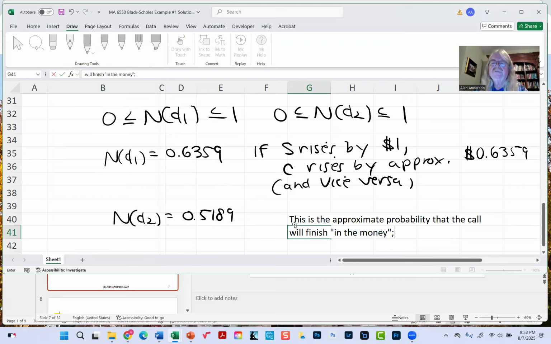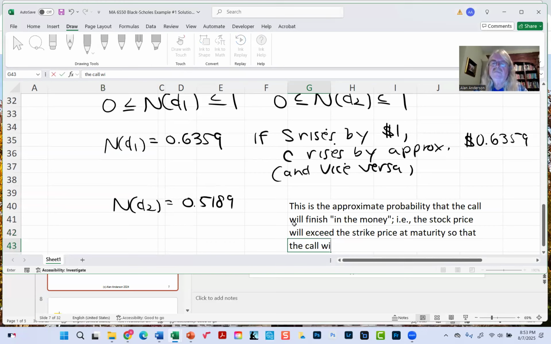In other words, the stock price will exceed the strike price at maturity, so that the option will have a positive payoff.